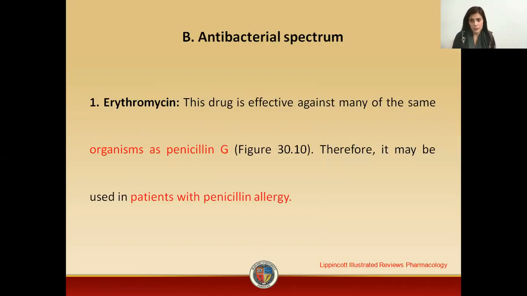Now, coming towards the antibacterial spectrum of the drug, erythromycin has the same antibacterial spectrum as was seen with the penicillin G, but one important thing that you should remember is that the patients who are allergic to the penicillin can use these drugs.